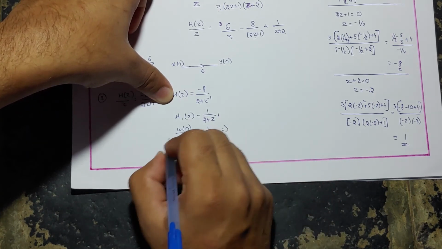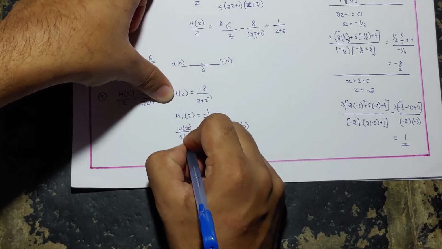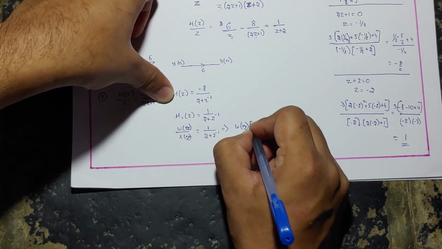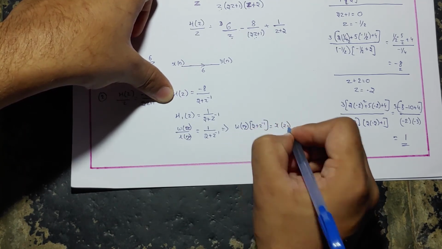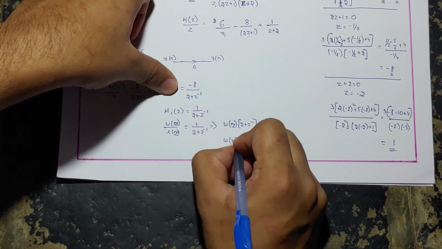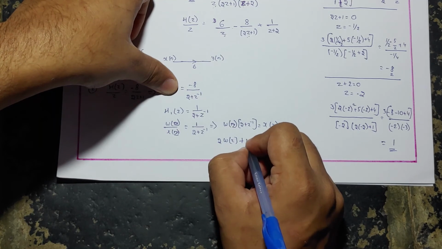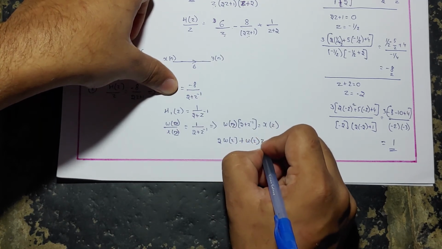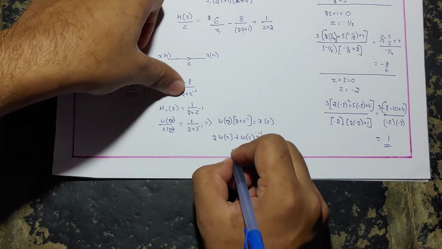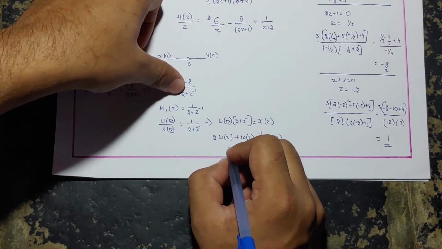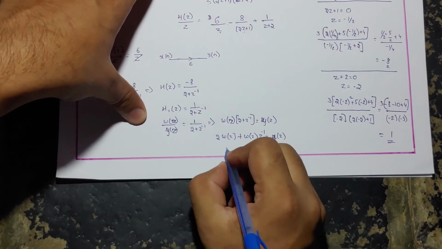Let us cross multiply each other. That implies W(z) multiplied with (2+z^-1) is equal to X(z). That is 2W(z) plus W(z)z^-1 is equal to X(z).